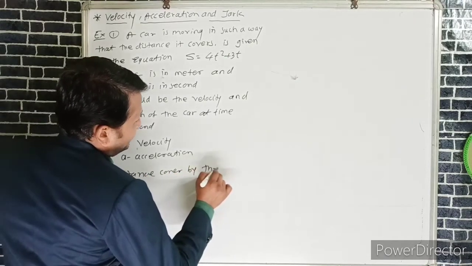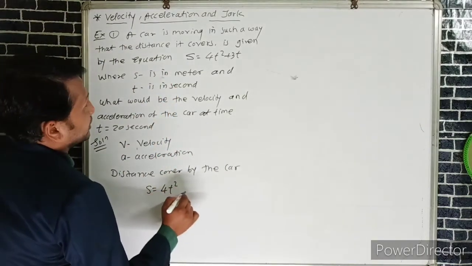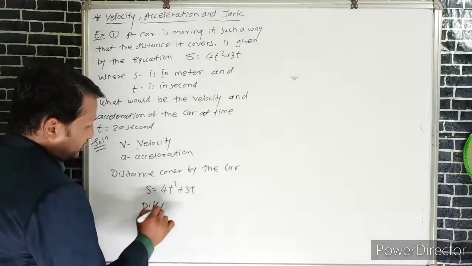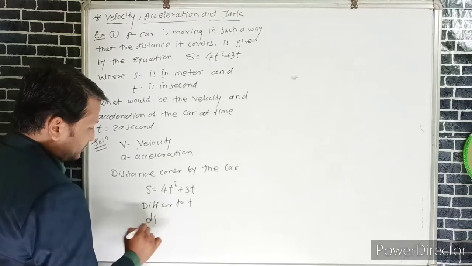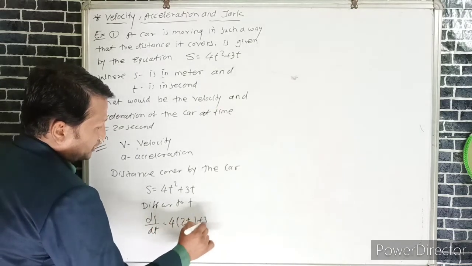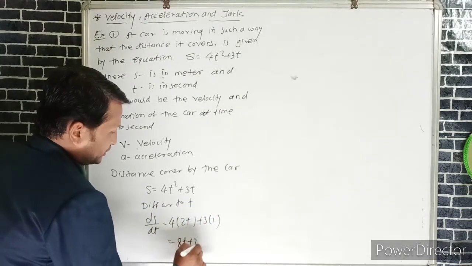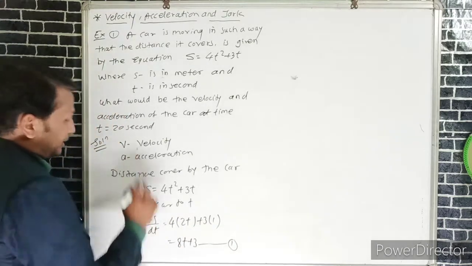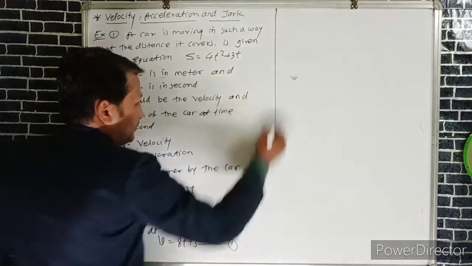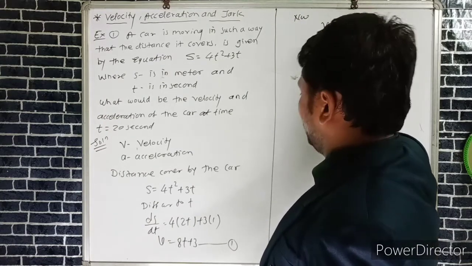Given that the distance covered by the car is s equal to 4t square plus 3t. If we differentiate with respect to t, then ds upon dt is equal to 4 into the derivative of t square, which is 2t, plus 3 into the derivative of t, which is 1. So 4 into 2 is 8t, plus 3, which is ds upon dt, the velocity v of the car. So v is equal to 8t plus 3.